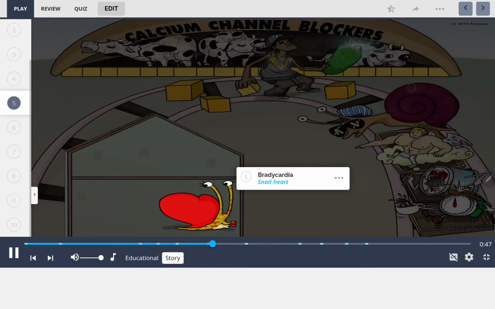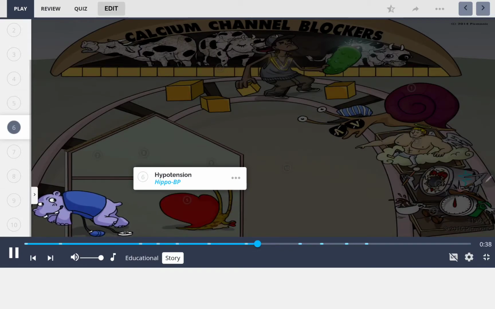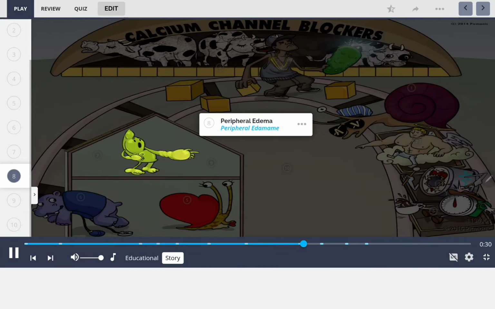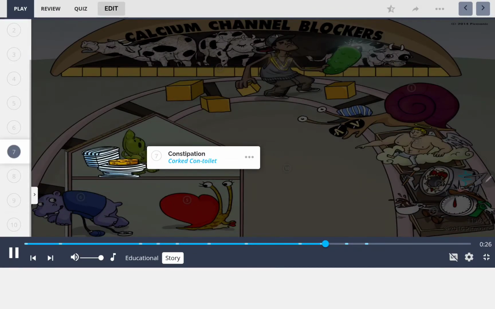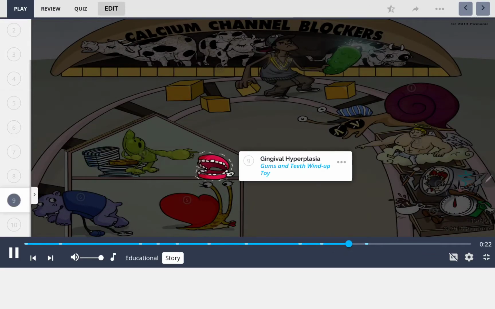This snail conductor is excited to finally see his wife, the snail heart, after a long time apart. But what he doesn't know is that she's been seeing another man, the hippo BP. She needed some consolation after she was left by herself, and her son, the peripheral edamame, wouldn't spend time with her because he was always locked up in the bathroom, sitting on the corked con toilet, playing with his gums and teeth wind-up toy.